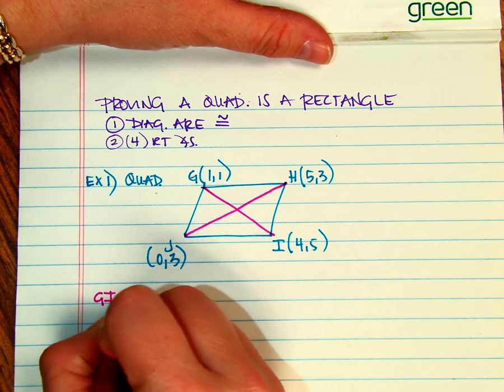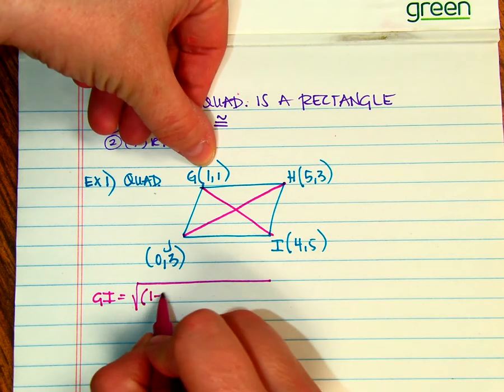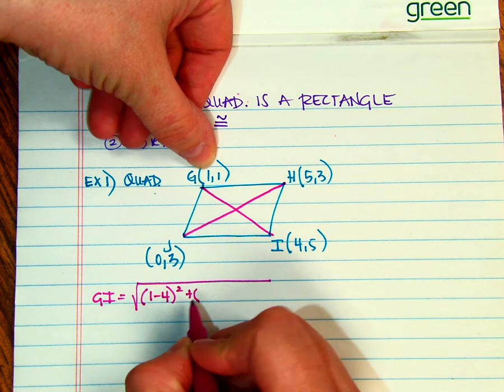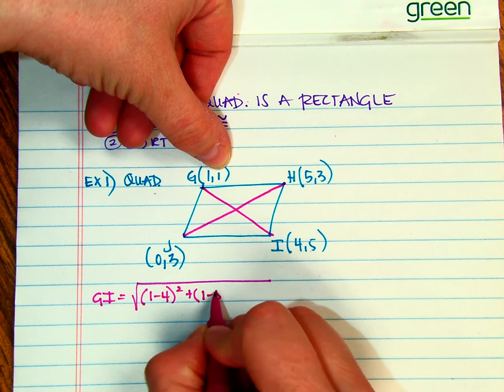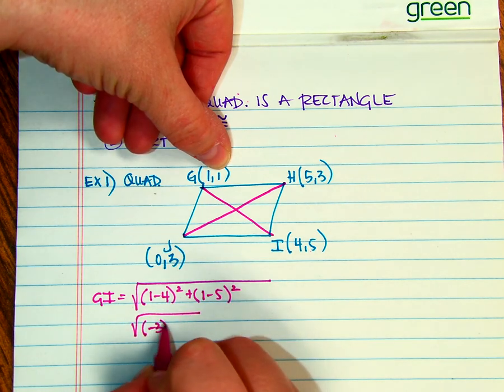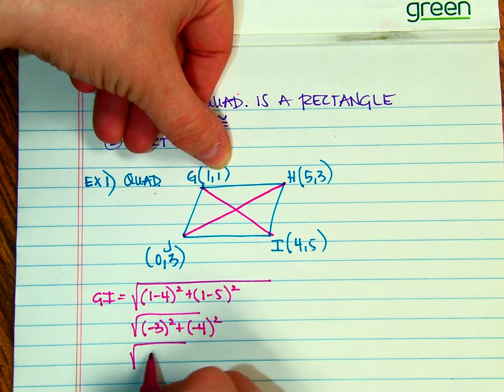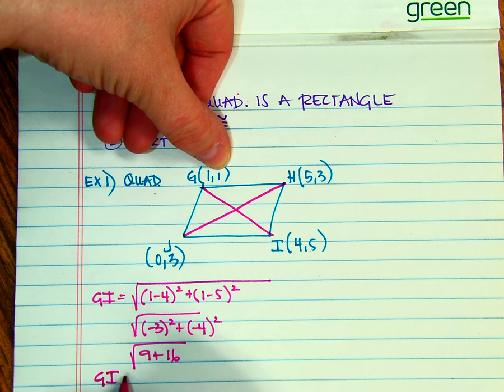For GI, I would have 1 minus 4 squared plus 1 minus 5 squared, which gives me negative 3 squared plus negative 4 squared, which gives me 9 plus 16. So GI is the square root of 25, which is also equal to 5.